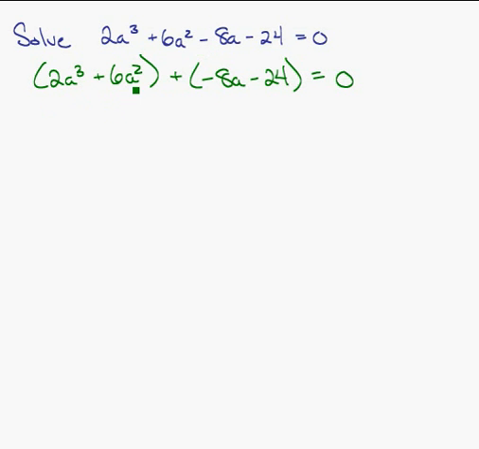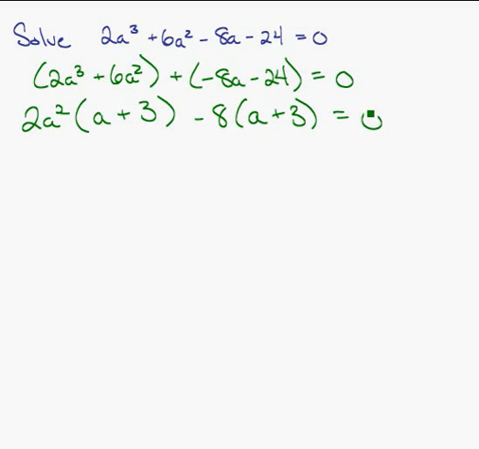I can factor a 2a squared out of this first parentheses. So I do that. That leaves me with a plus 3. I can factor a negative 8 out of this second parentheses, and that leaves me with a plus 3.